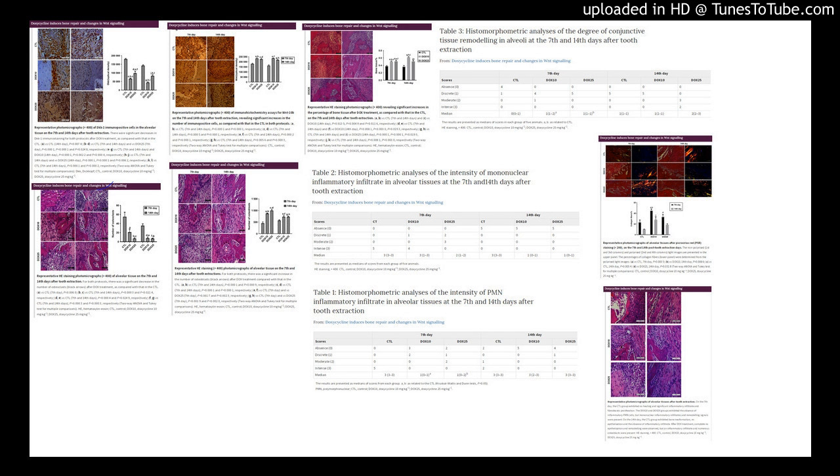For qualitative analyses, the following parameters were analyzed: polymorphonuclear and mononuclear cell inflammatory infiltrates, connective tissue remodeling and number of osteoclasts. For these analyses, the particle analysis cell counter on ImageJ software, NIH, USA, was used. The analyses were performed at the 7th and 14th days after the surgical procedure.